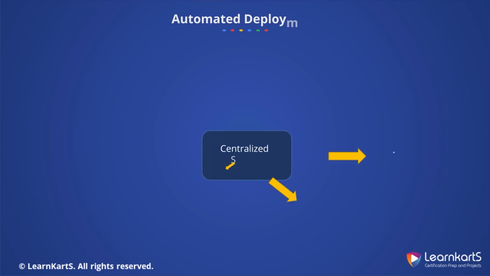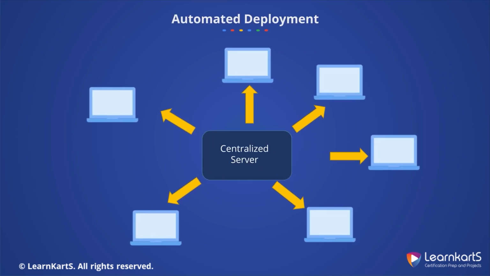So this is how the high-level architecture of automated deploy looks. As you can see here, we have a centralized server where all the other machines are connected. This could be any server, or any tool like Ansible, Chef, Puppet, Jenkins. They are all triggering the deploys across multiple machines and servers.